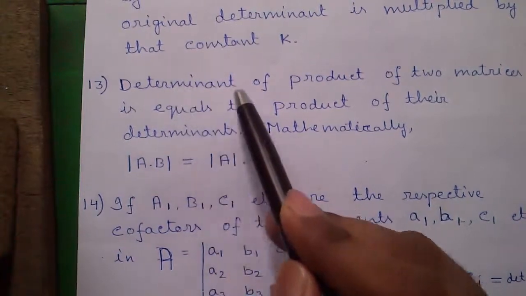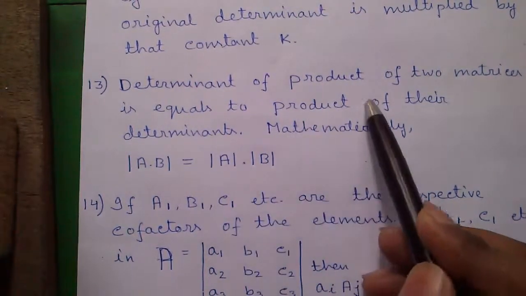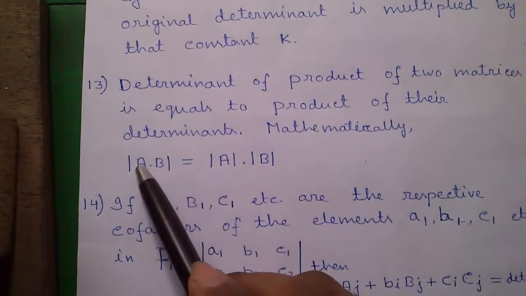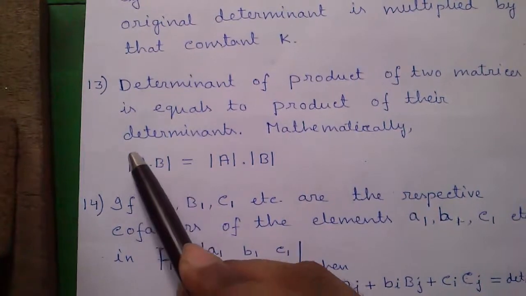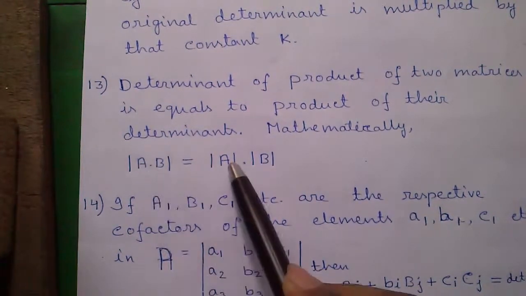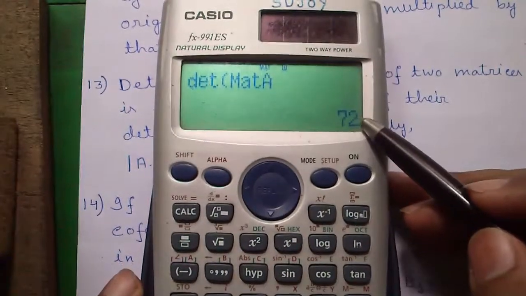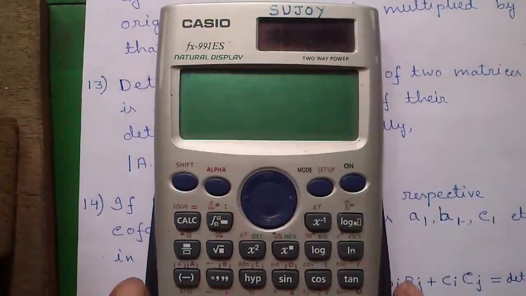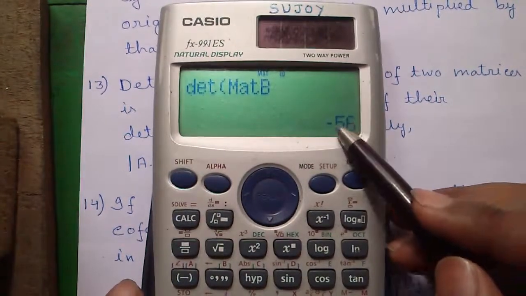The 13th property: the determinant of the product of two matrices is equal to the product of their determinants. That means A into B is the product of two matrices and the determinant of that is equal to the product of their individual determinants. So the determinant of matrix A is 72 and the determinant of matrix B is minus 56.